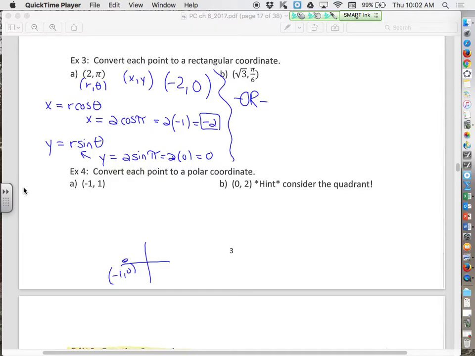The other way you could do that is you could plot this point. So let's go here and plot this point. Well, pi is over here, and if I come out 2 units, that's (2, pi).